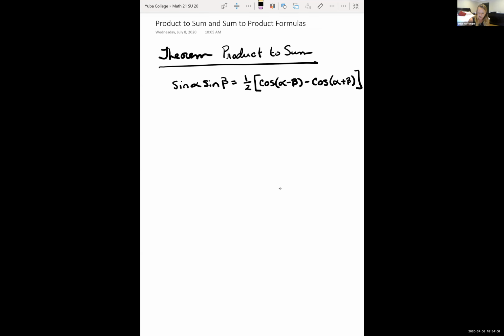The other one is if it's a product of two cosines. So if we have cosine of alpha times cosine of beta, this is equal to 1/2 times the quantity cosine of alpha minus beta plus cosine of alpha plus beta.